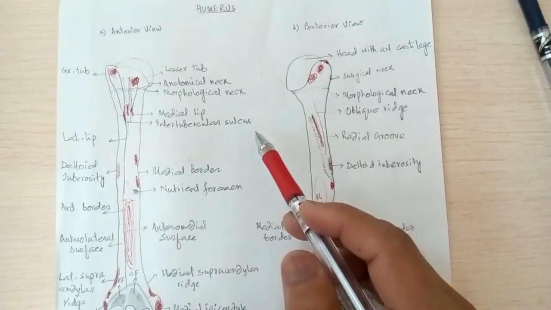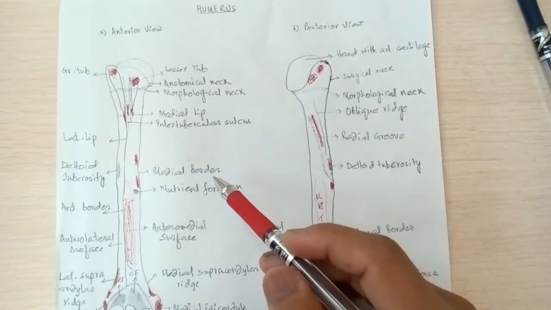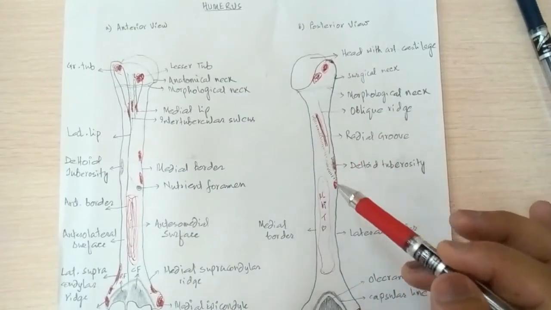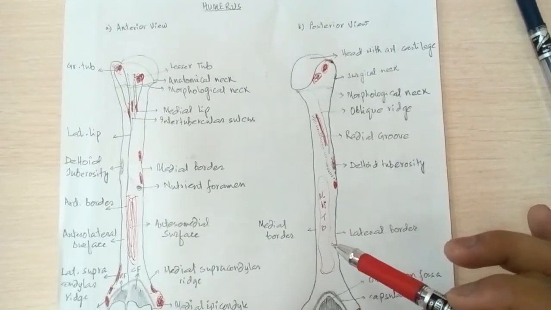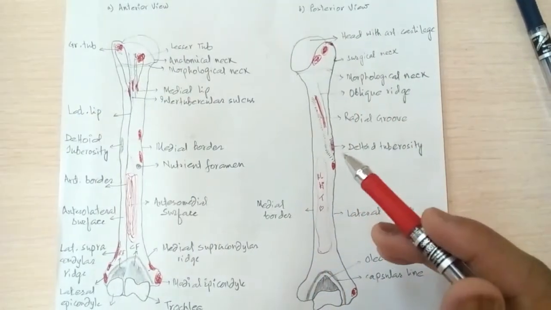That is all about the important points of the humerus, and we have also discussed the major attachments of the muscles on both the anterior and posterior aspects of the humerus.